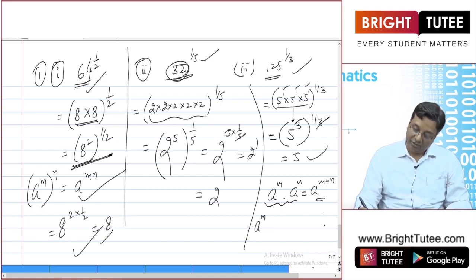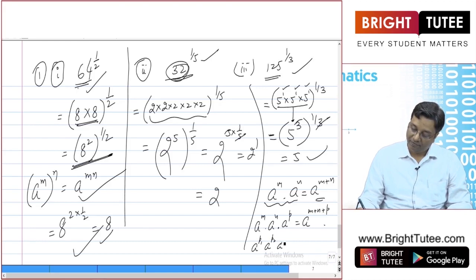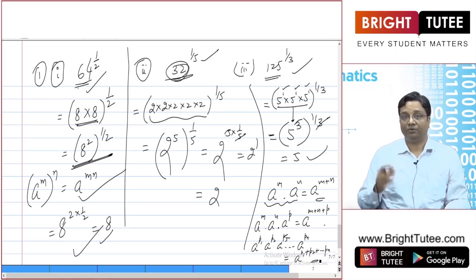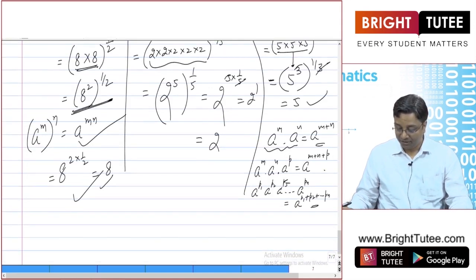Even if I write a raised to power m, a raised to power n, a raised to power p, it can be written as m plus n plus p, or for that matter you could have written more powers, and so on, up to a raised to power pn. You can still club these powers and add them up. So this is the generalized form of this law of exponent. Okay, so this is how you will attempt this question.